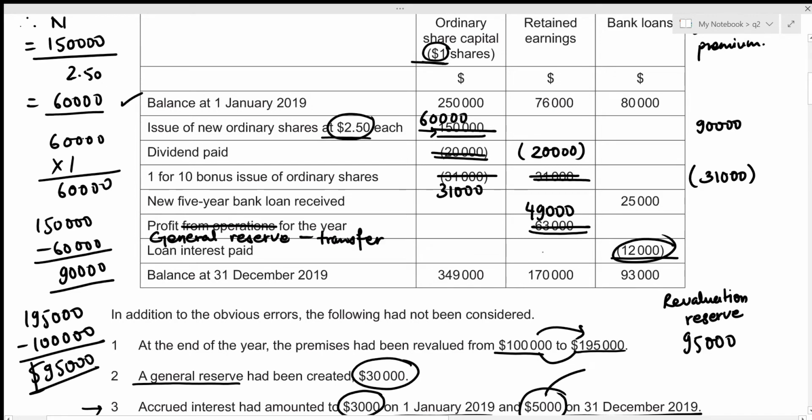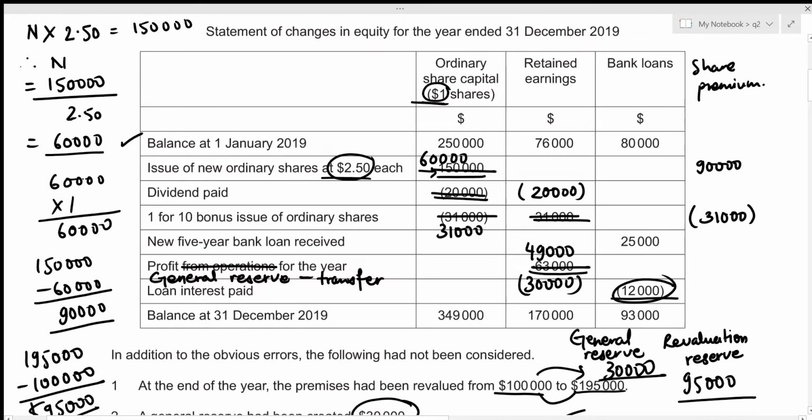So if we're adding 30,000 to general reserve, we definitely have to deduct 30,000 from the retained earnings, right? So this will be general reserve, and this will now have the value of 30,000. Okay, this is the closing value for general reserve. This is the closing value for revaluation reserve.